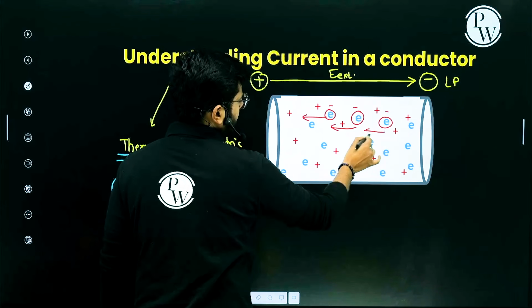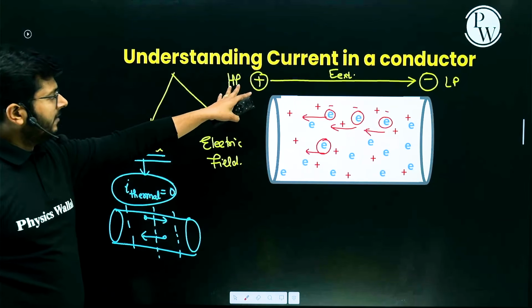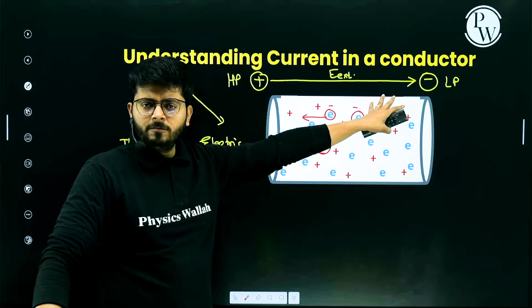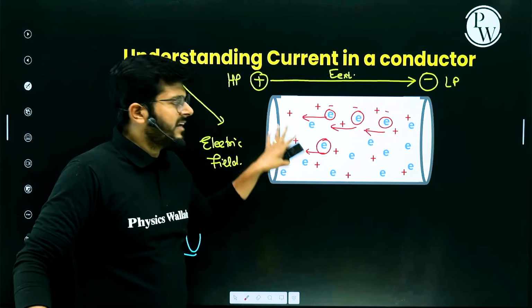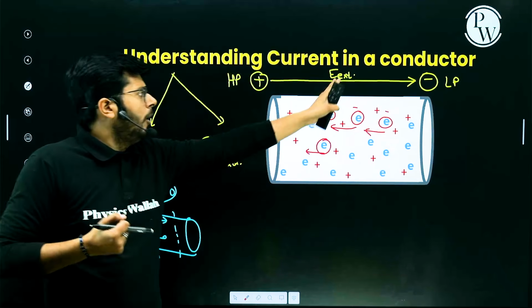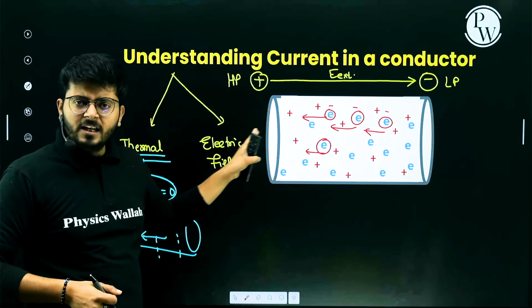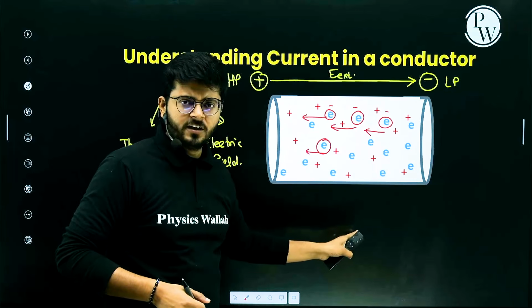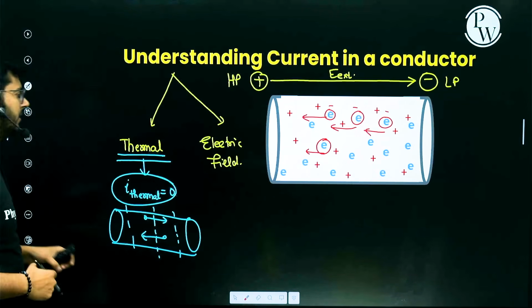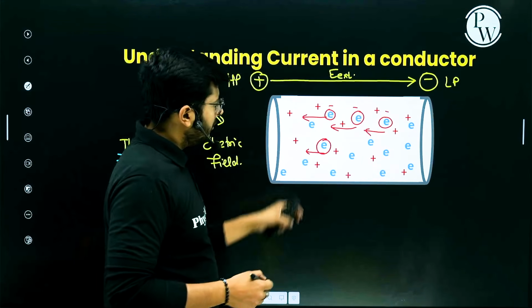As soon as you apply the external field, the electrons inside the conductor start feeling a push opposite to the external field, and that causes a net displacement across any given cross section, and that causes the electric current, right?